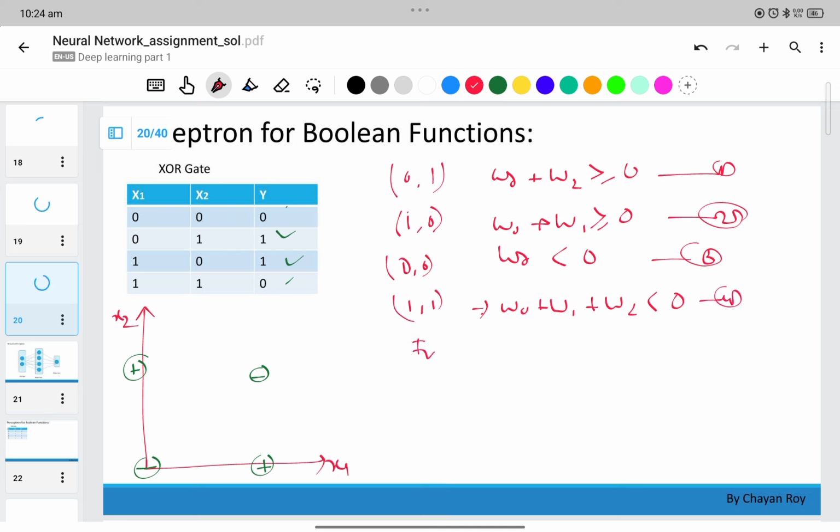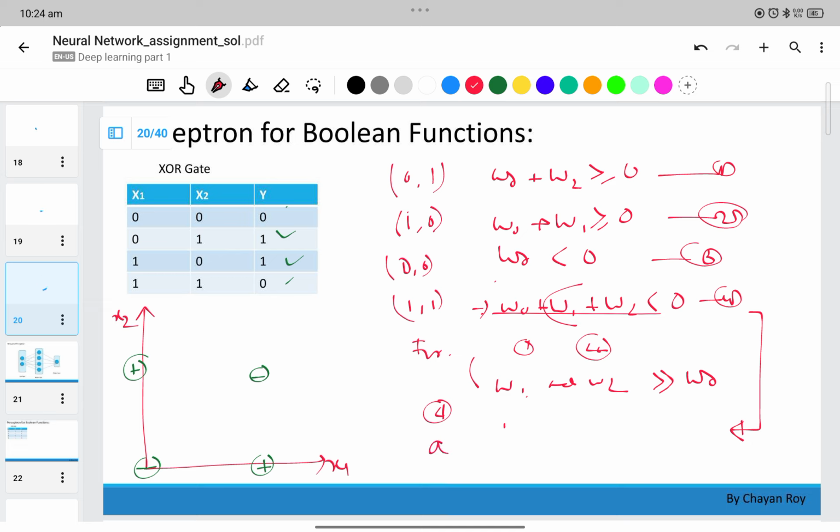From equations 1 and 2, we have w1 and w2 greater than or equal to w0, but for equation 4 we can see that if w1 plus w2 is greater than or equal to w0, we cannot satisfy equation 4. Equation 4 does not comply with equations 1 and 2.